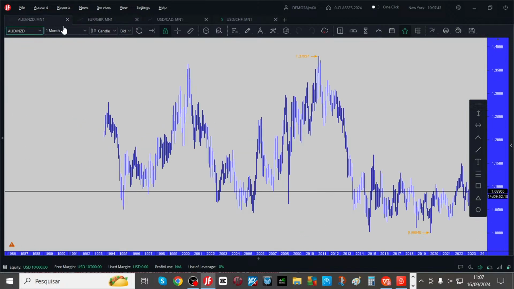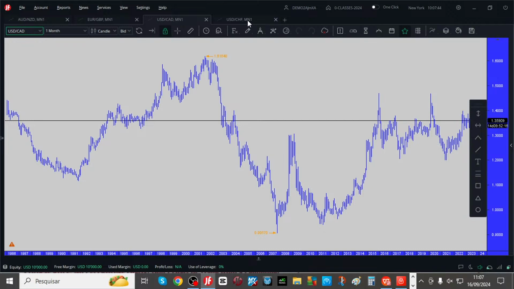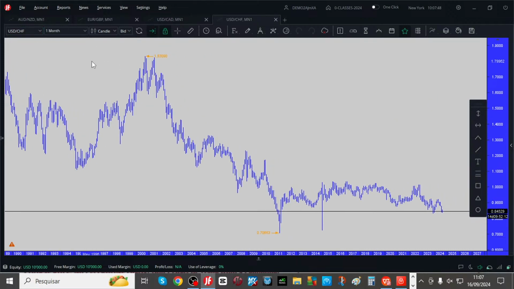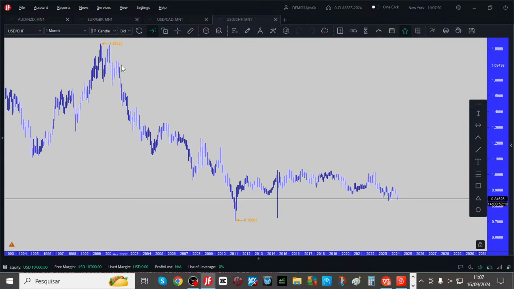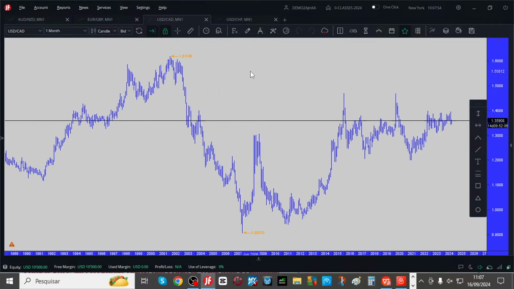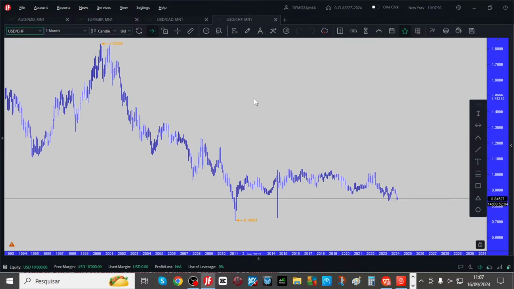So AUD NZD first, Euro GBP, USD CAD. Okay, everybody. So AUD NZD on the monthly, yes, open the monthly chart. Euro GBP on the monthly chart. USD CAD on the monthly chart. USD CHF on the monthly chart.